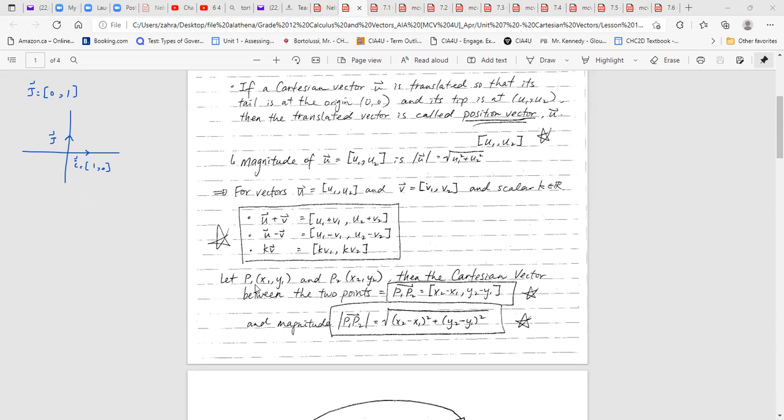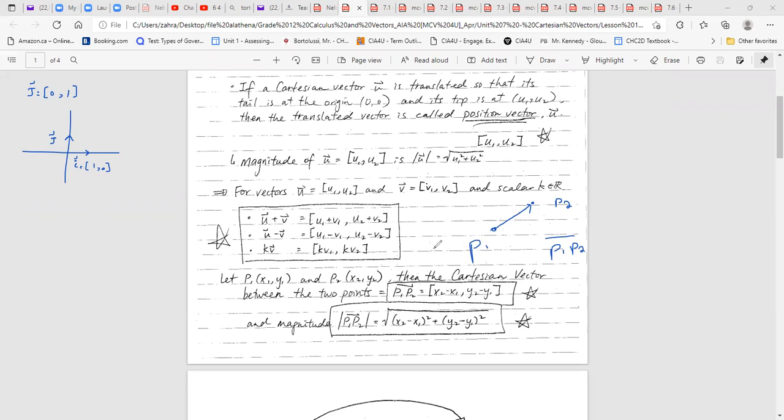So if you have points P1 and P2, here is your initial point P1, and here is P2, and you want to define the vector P1P2.